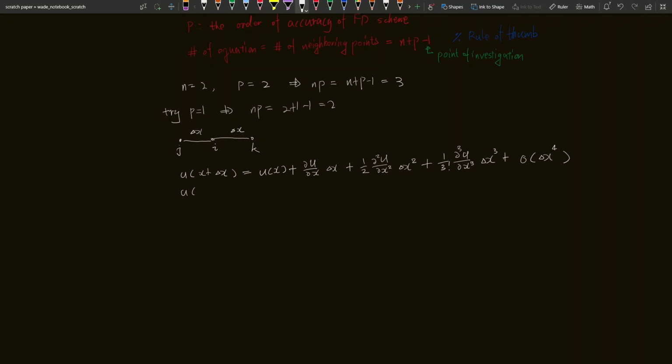So for the solution at point J, we have x minus delta x.